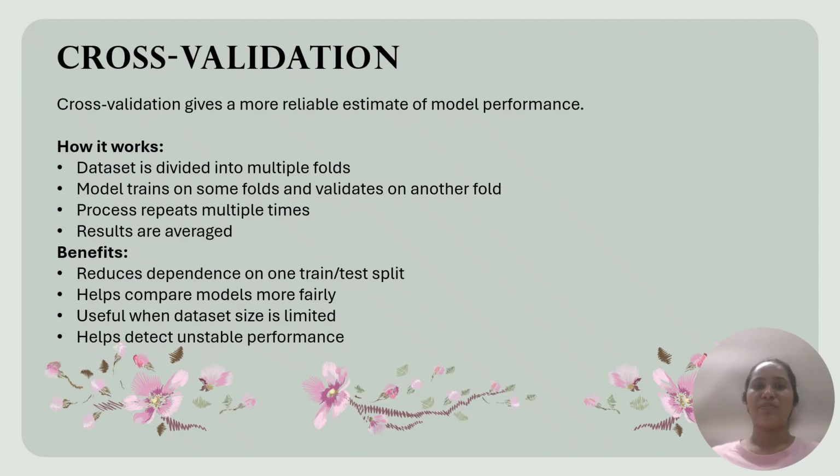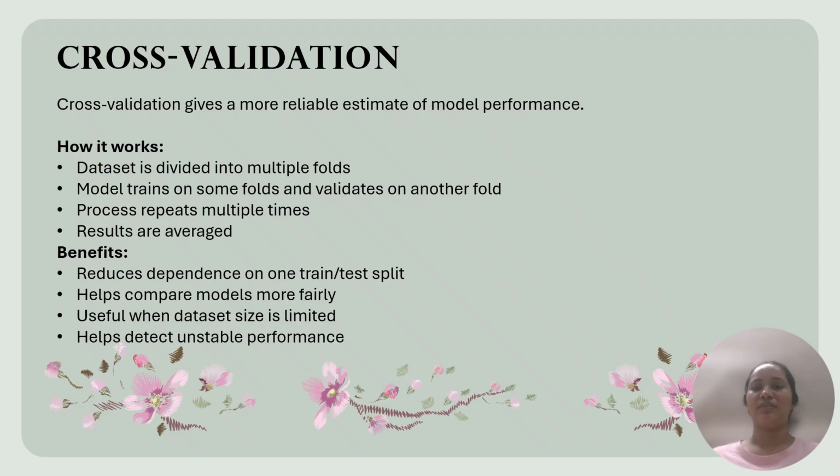This gives a more balanced and dependable evaluation because the model is tested on different subsets of data rather than just one. It is especially useful when the dataset is small and limited, since it allows every data point to contribute to both training and validation at different stages.